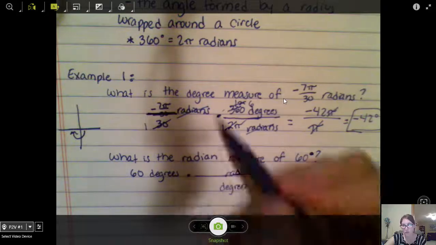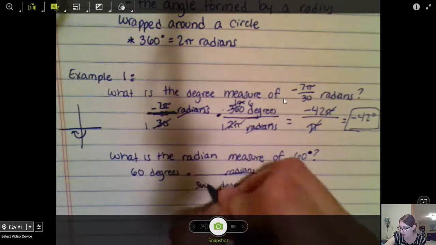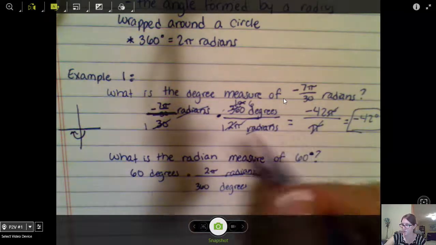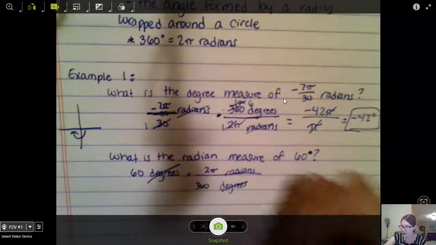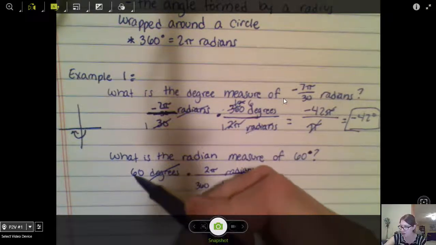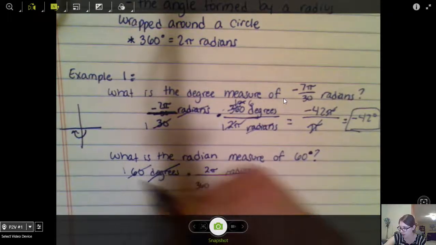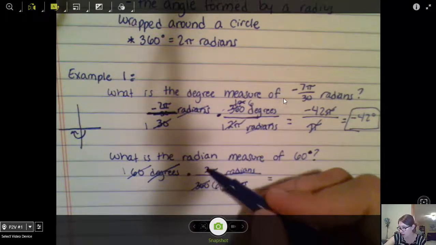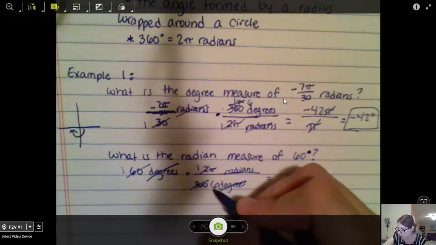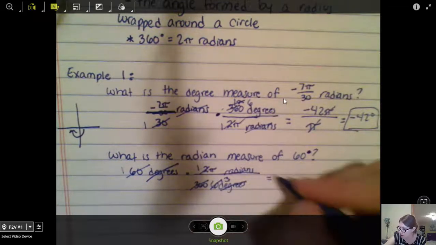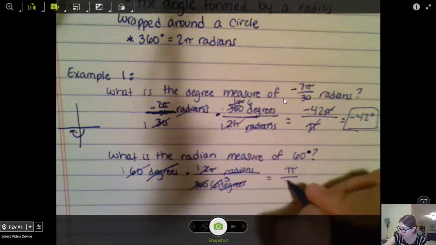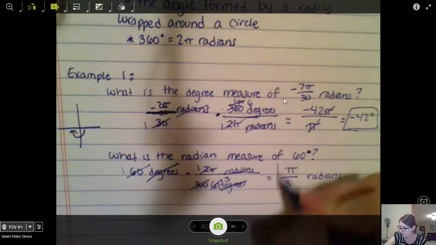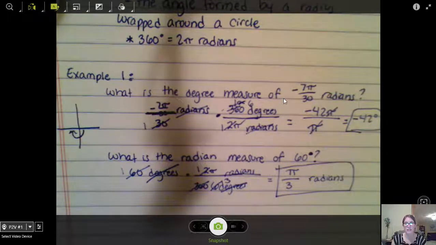Well, a full circle is 360 degrees, or also 2 pi radians. Now my degrees labels cancel out. 60 over 360 is 1 over 6. And then 2 over 6 is 1 over 3. So 1 pi over 3 radians is 60 degrees.